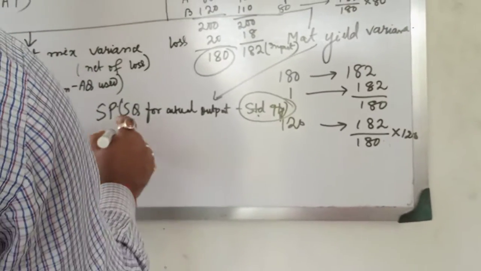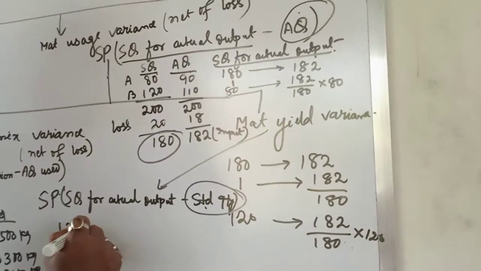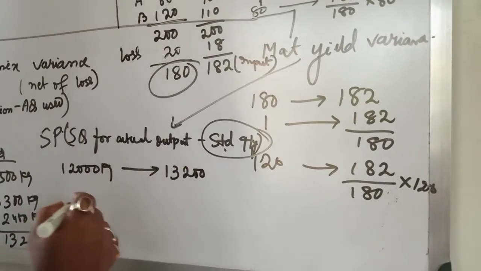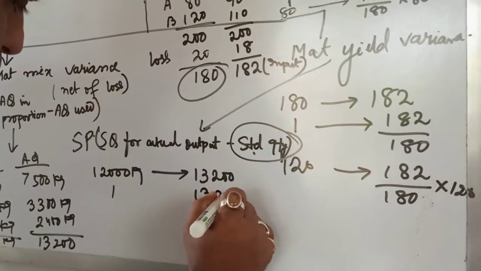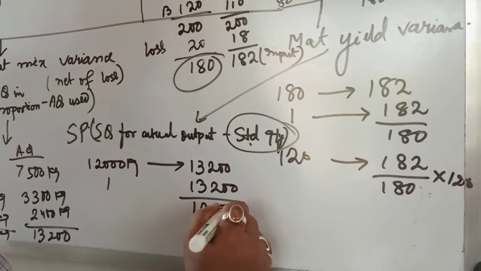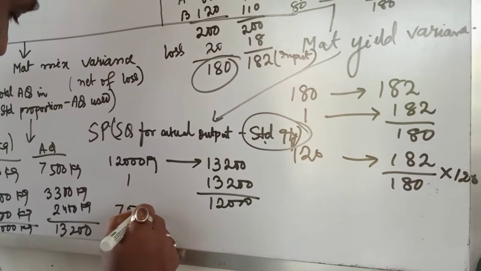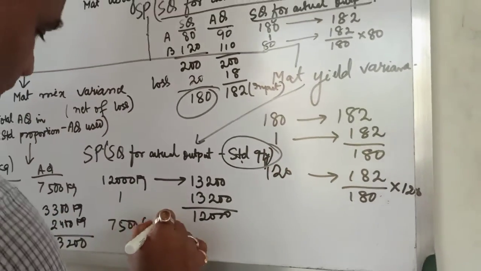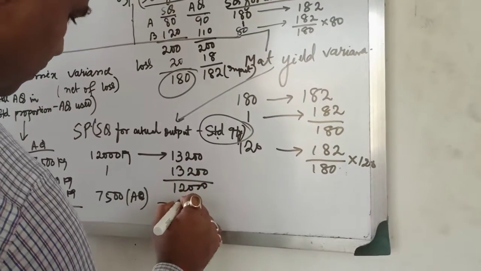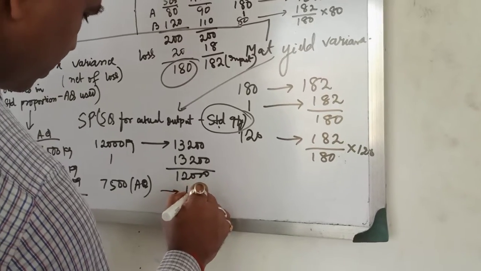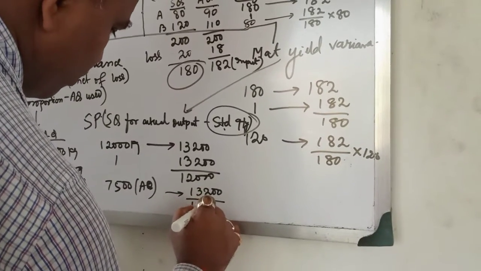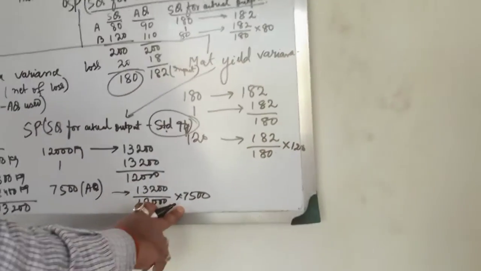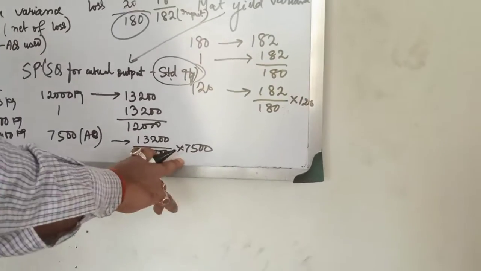For 12,000 kg standard quantity, the actual is 13,200. For 1, that is 13,200 divided by 12,000, and for 7,500 it is 13,200 divided by 12,000 multiplied by 7,500. This is the actual quantity in standard proportion.